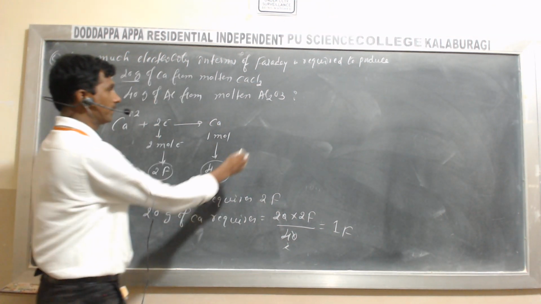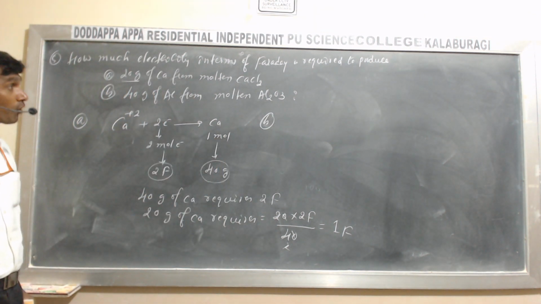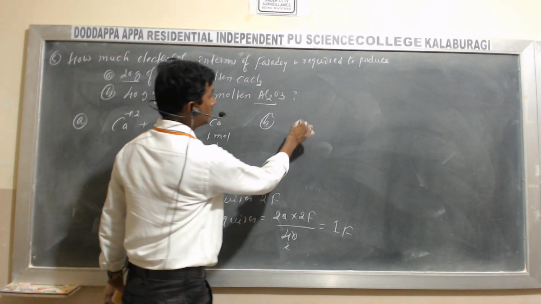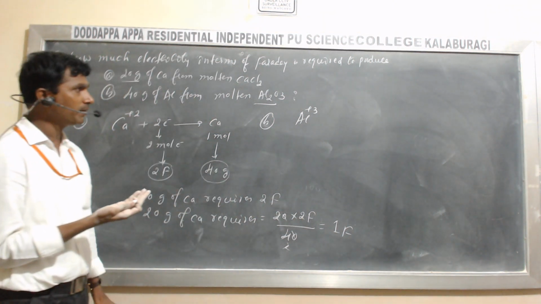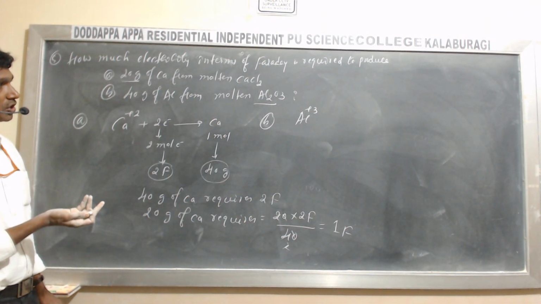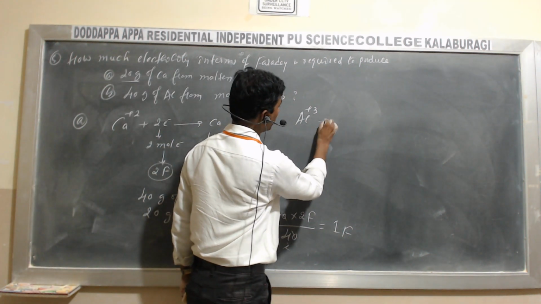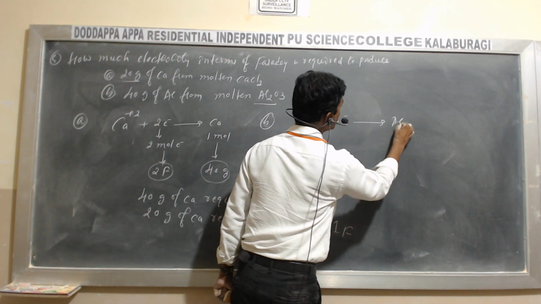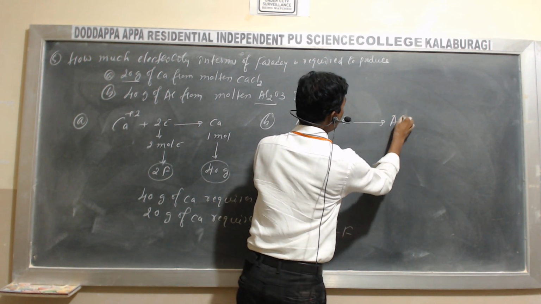Second question, part B, 40 grams of aluminium from molten Al2O3. In Al2O3, the charge of aluminium is plus 3. For the reduction of 1 mole of Al plus 3 to Al, how many Faraday does it require?